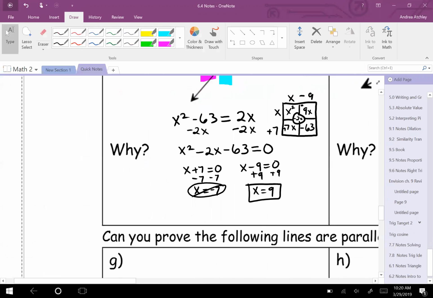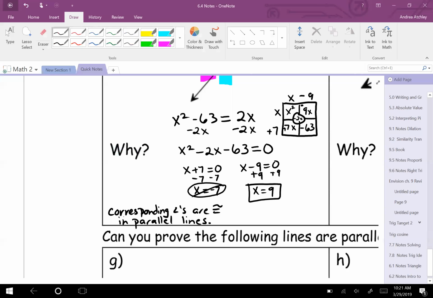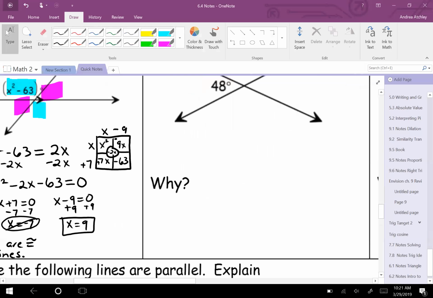So that's the reason why: corresponding angles are congruent in parallel lines. Any questions over that? Okay, next one.